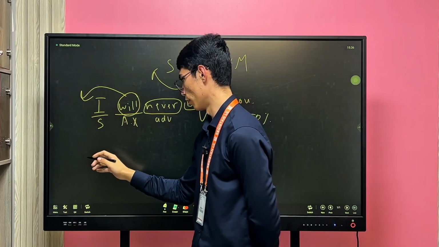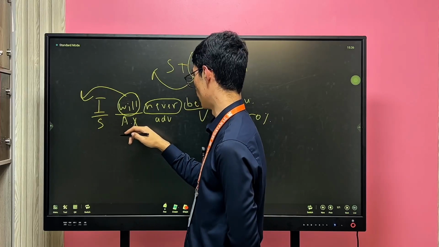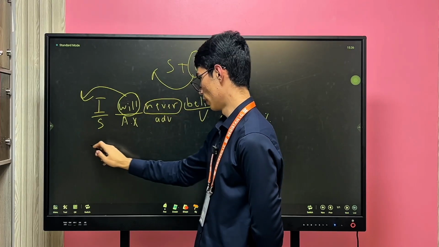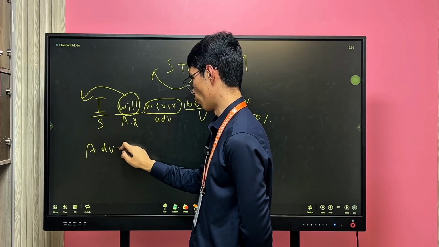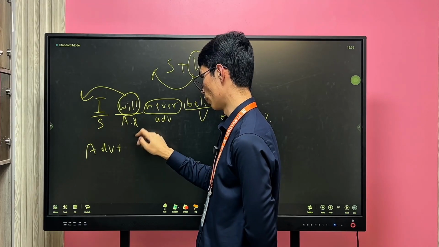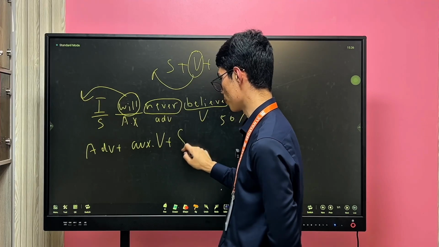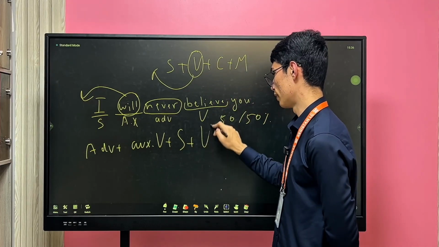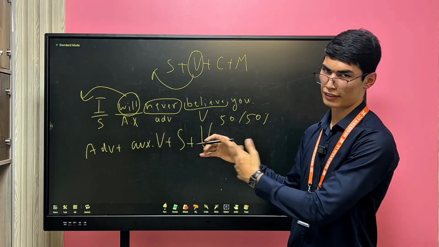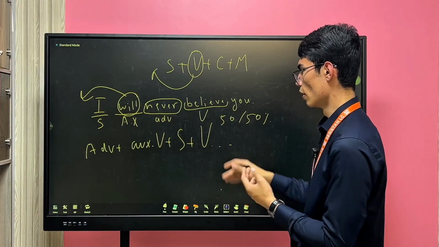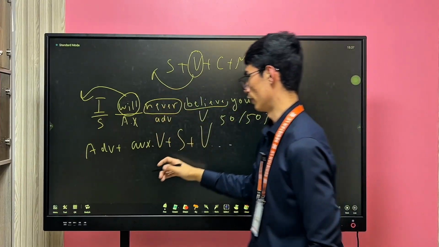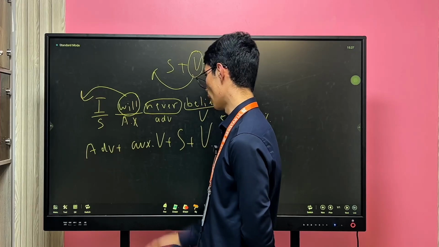So the process will be, first we will have to use our adverb, plus we need our auxiliary verb, plus subject and verb. That's it. And complement, modifier. That is called inversion. So how will the sentence be here? First we will take what? Our adverb.